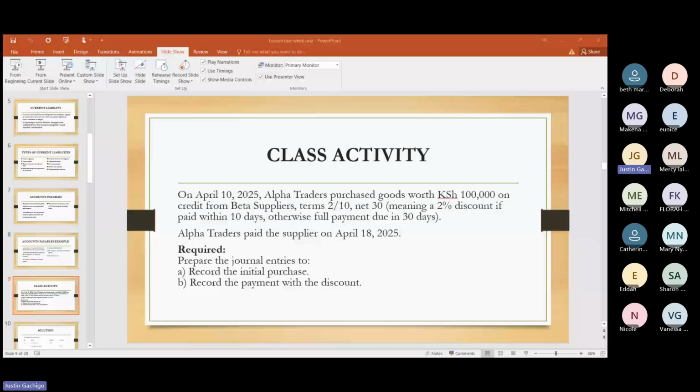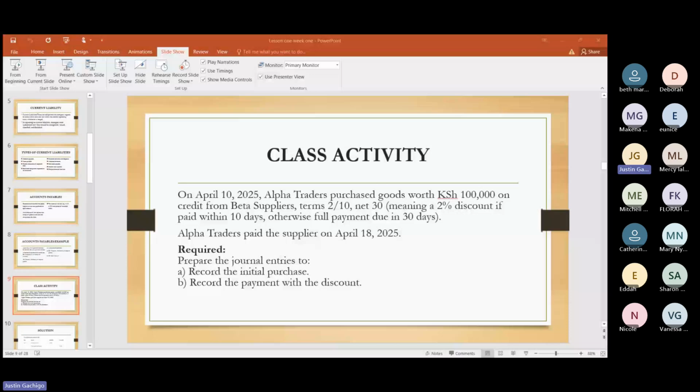You have created two things in your books. One, you have created a liability because you are going to pay the person that you took the goods from. Two, you have created an asset. So your asset has increased, so you are going to debit your asset, that is the inventory. Then you're going to credit the trade payables. In this case, the trade payable is who? Better Suppliers.